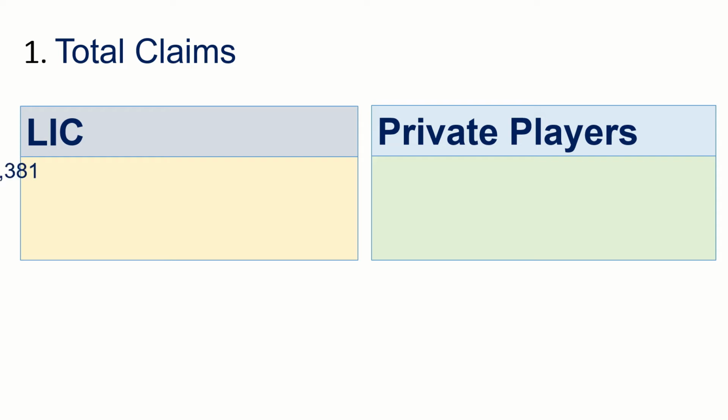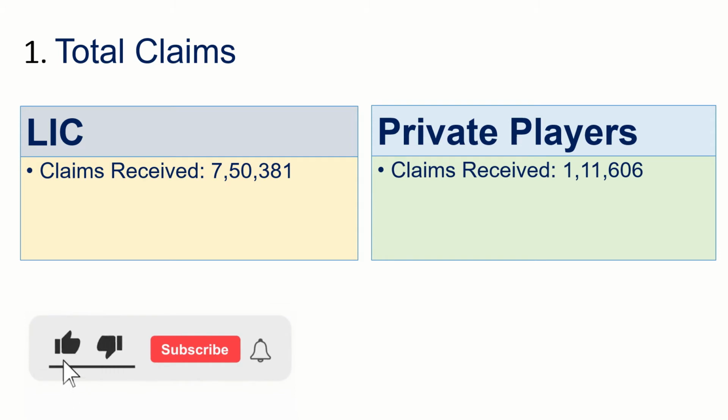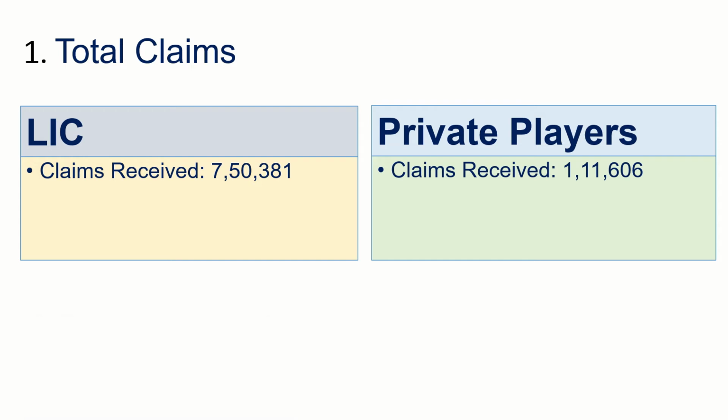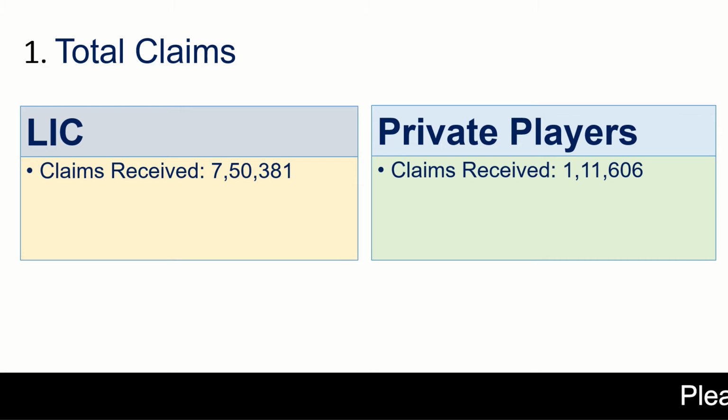So how the comparison works: the LIC received total 7,50,381 claims, and if we take the cumulative figure of all the private players, they received 1,11,606 total claims. So LIC here is 7 times larger than all the private players.